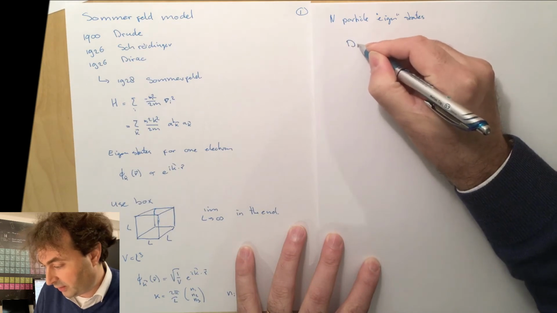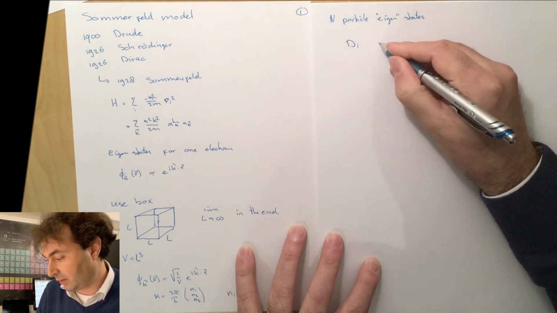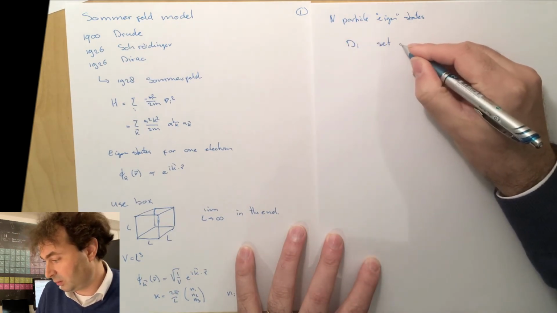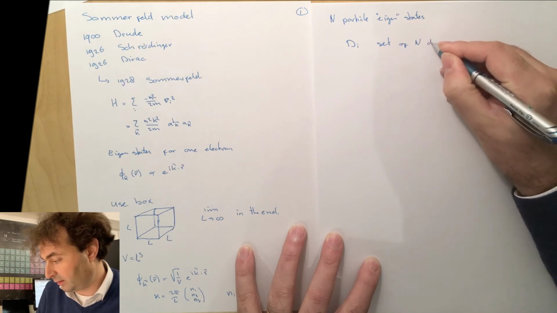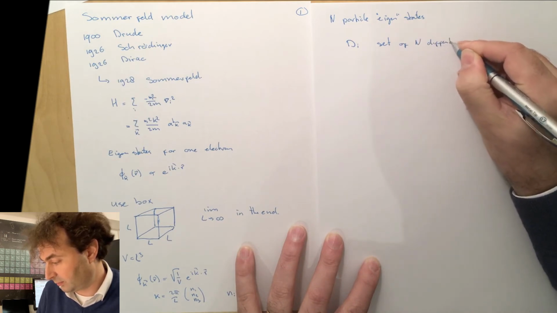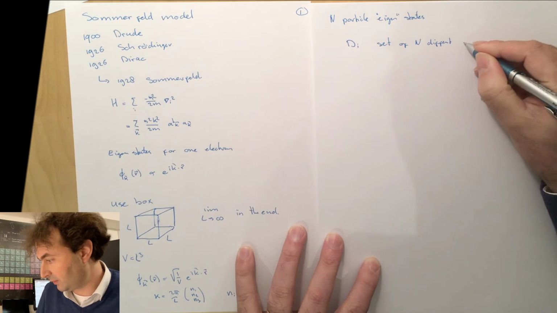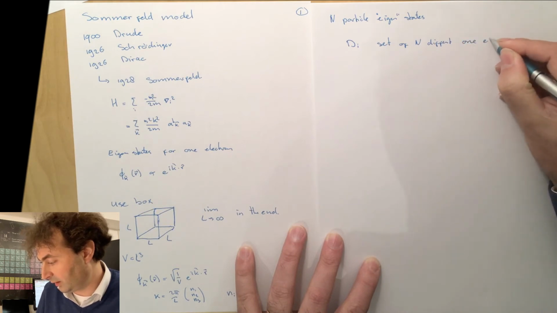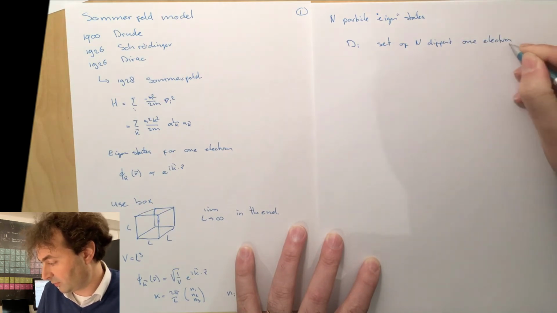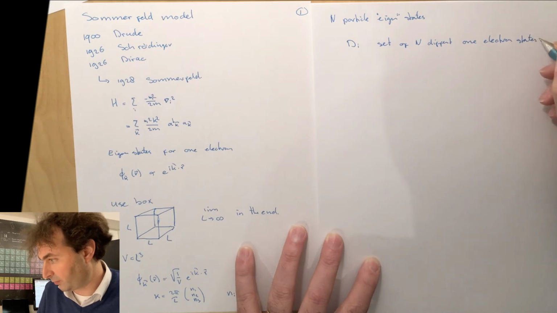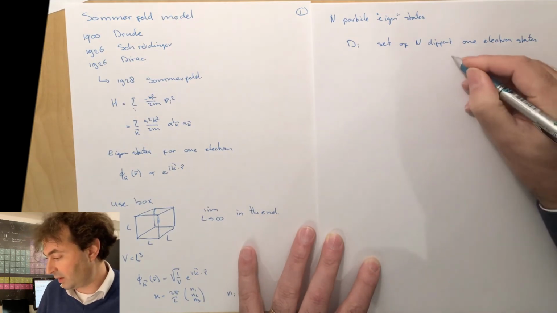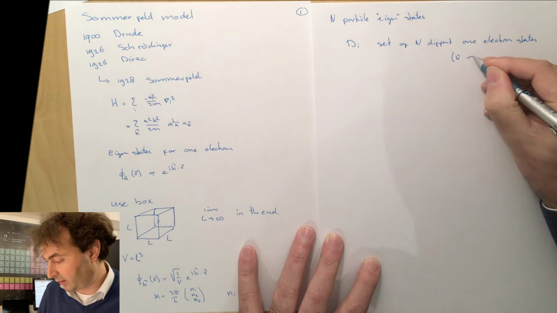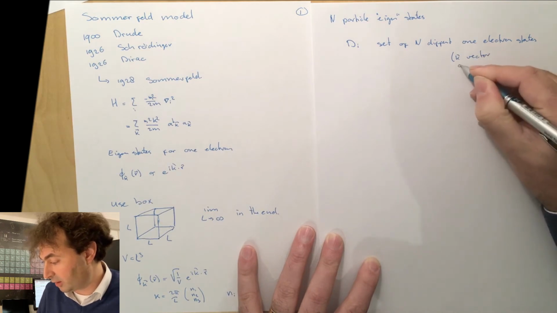So we can define D_i as a set of n different one electron states, and states are labeled by a k vector and a spin.